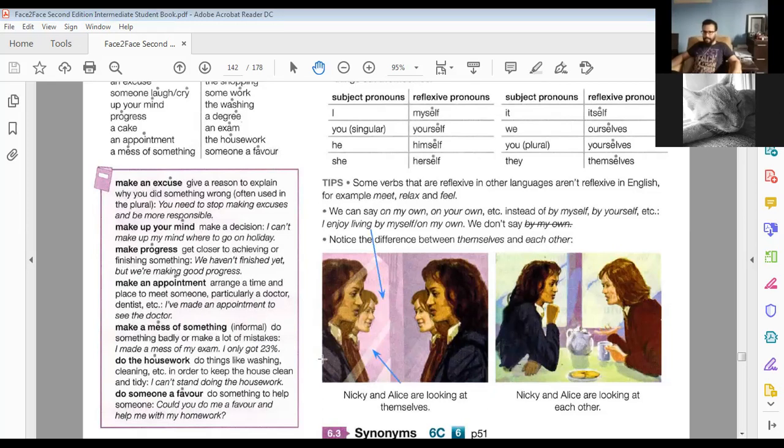It's like they're seeing their reflections, right? So where can you see your reflection? In the mirror. Okay, so do you think they're standing in front of a mirror? Yes. They're standing in front of a mirror.